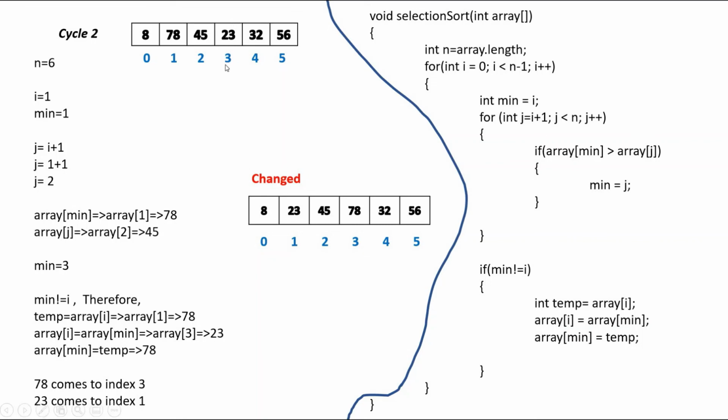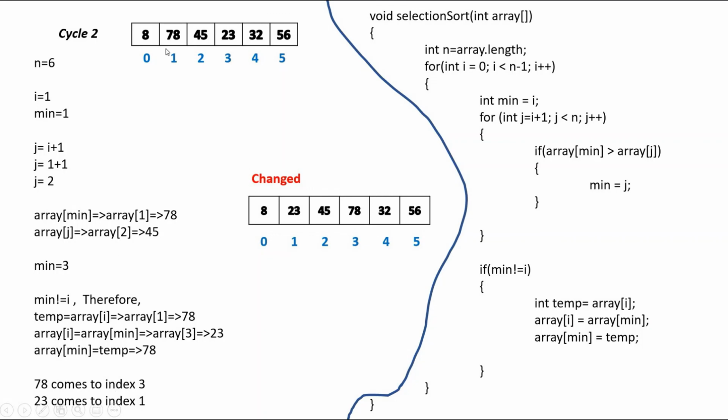It is this position. It has 23. We cut this and put 78 to that position. Now the 78 comes here. Now it is 78 in the array 3 position. So 78 comes to index 3, 23 comes to index 1.